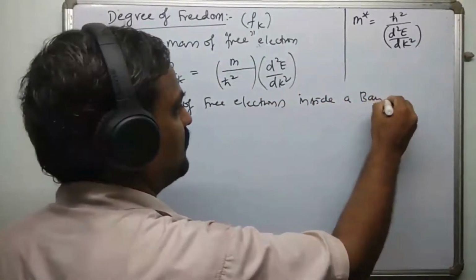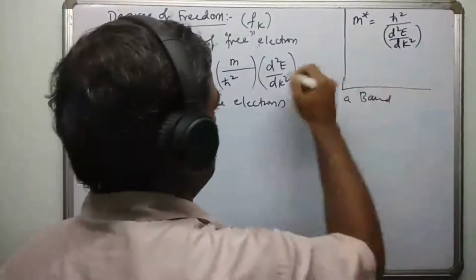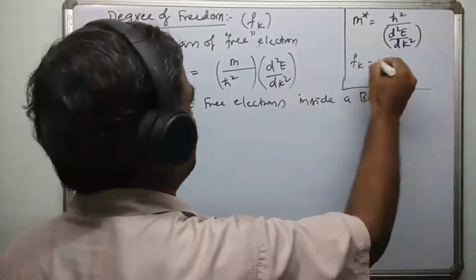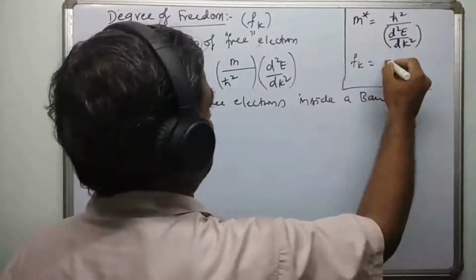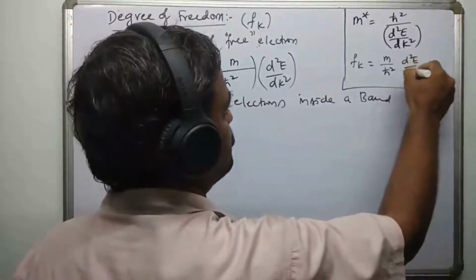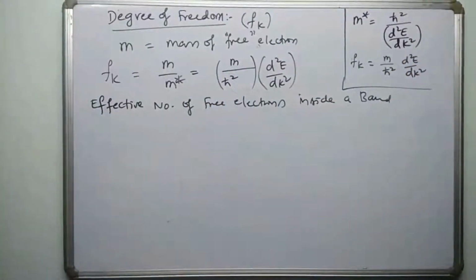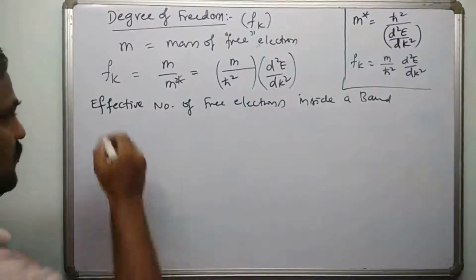This is what I am going to derive now. So I know Fk. Let me write it here. Fk is actually m by h cross square d square E over dk square. This I'll put aside. Okay. So this is what I'm going to derive now.